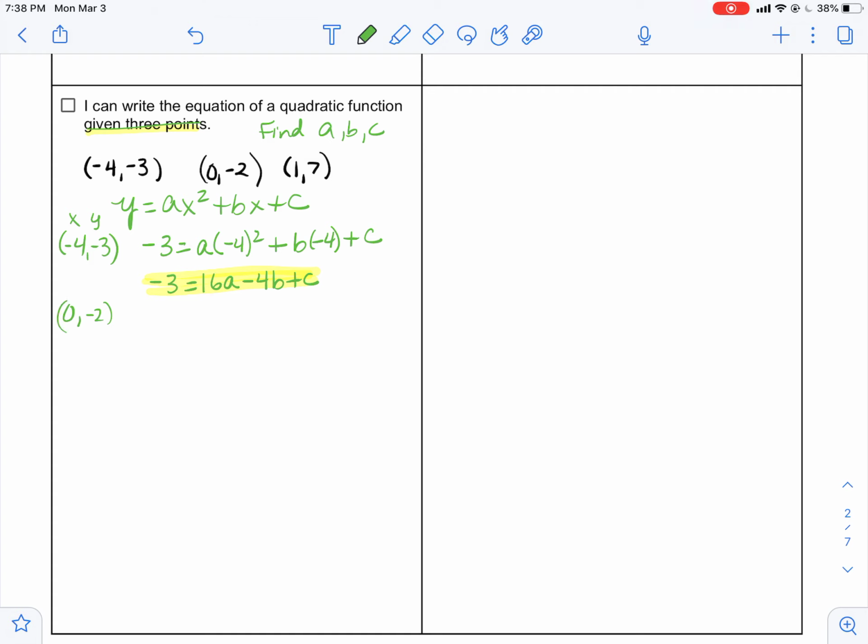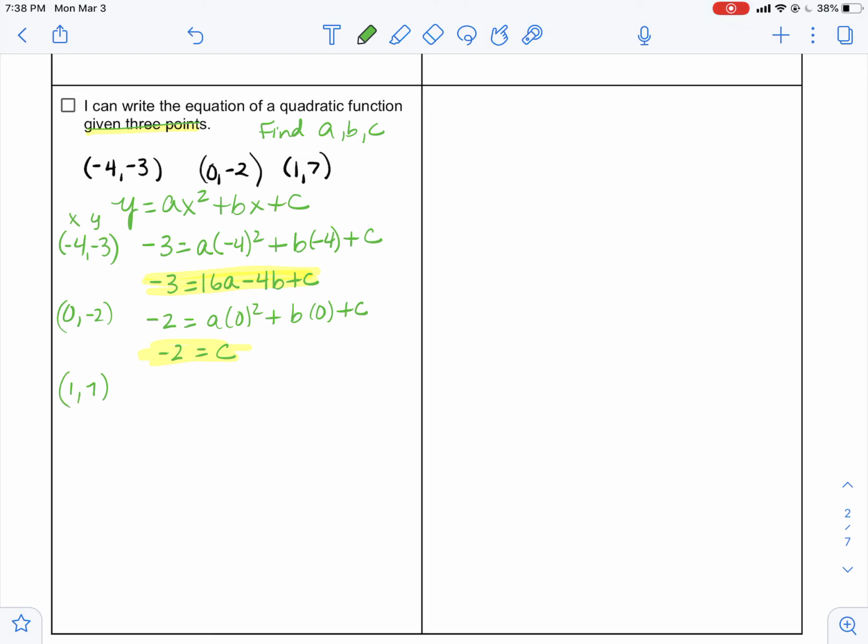So 0, -2. So y equals a times 0 squared plus b times 0 plus c. Now, I do want you to be sure you show me that substitution. So in this case, I've got that c is -2. That makes that really nice. Okay, and then we'll do our last one, which is 1, 7.